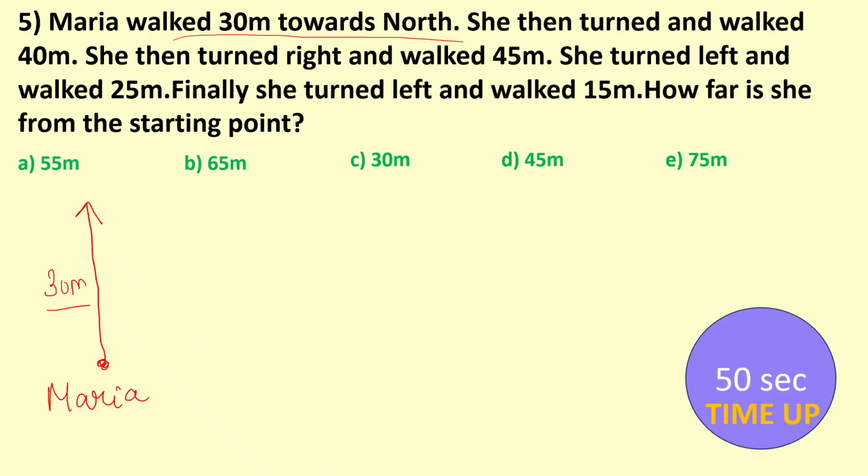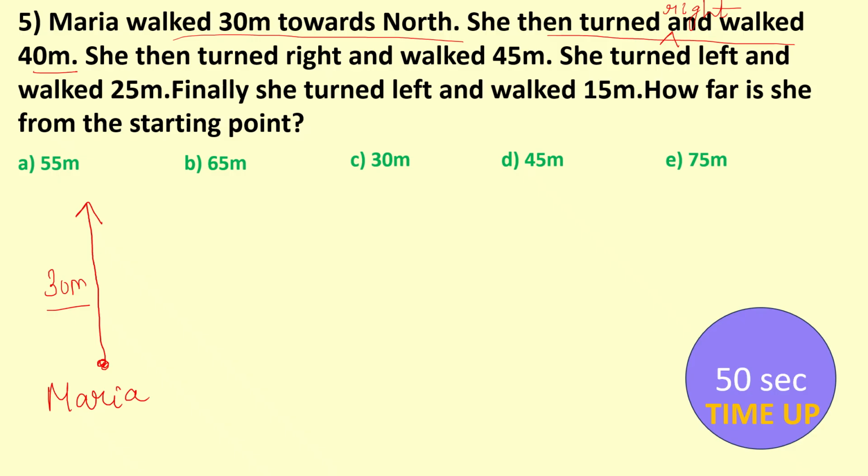She then turned and walked 40 meter. Here something is missing, students. Sorry for that. This is right side. She then turned right and walked. If you got this question wrong, it's okay because some word was missing here in the question.